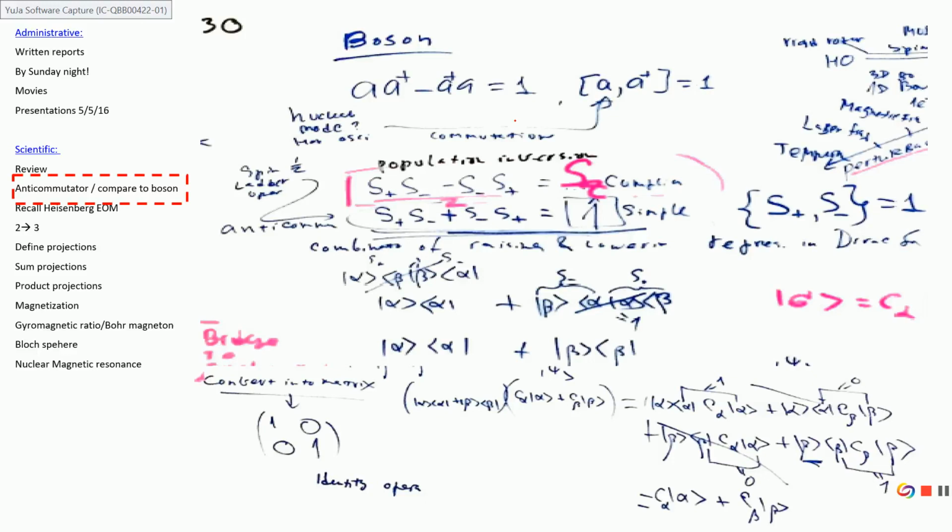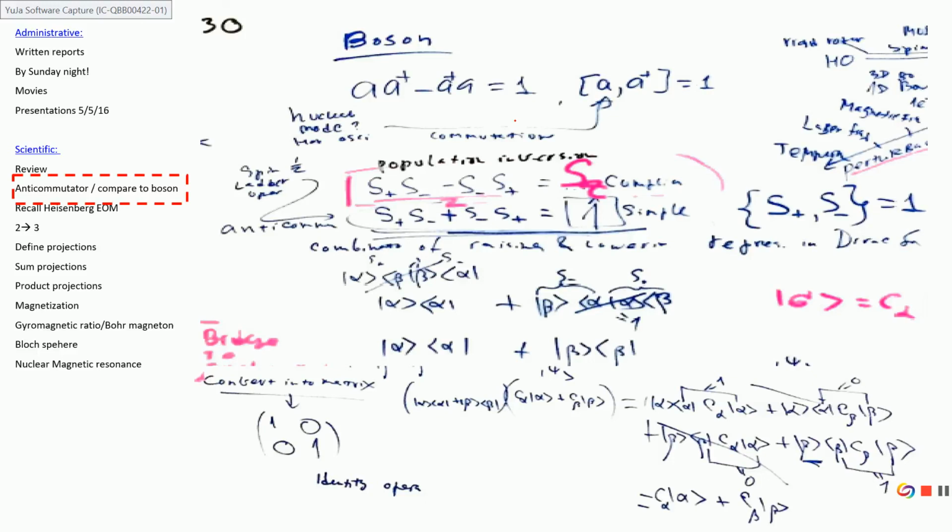Due to this anti-commutation property for spin, for fermions, we have the Pauli exclusion principle. So it is not possible to put 2 electrons into the same state. Two electrons should always have a different set of quantum numbers. And it is naturally connected to this property.